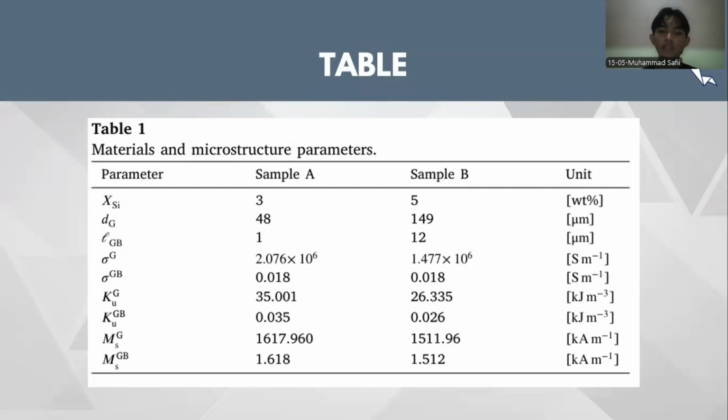As shown in the table, sample B has a higher silicon content and larger grain size than sample A. Meanwhile, sample A shows higher electrical conductivity and slightly higher magnetic saturation. This difference indicates that variation in microstructure can affect hysteresis and eddy current losses in electrical steel.